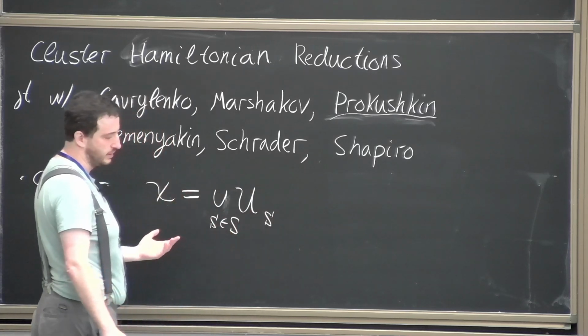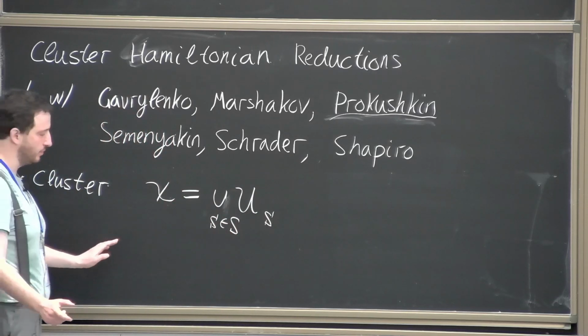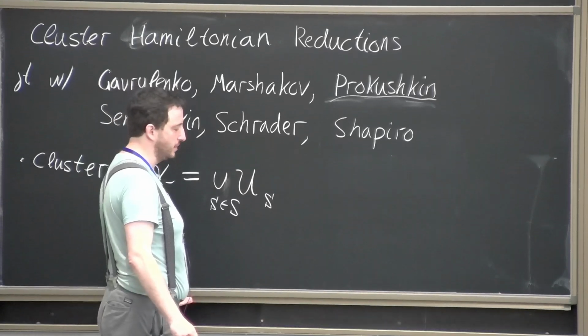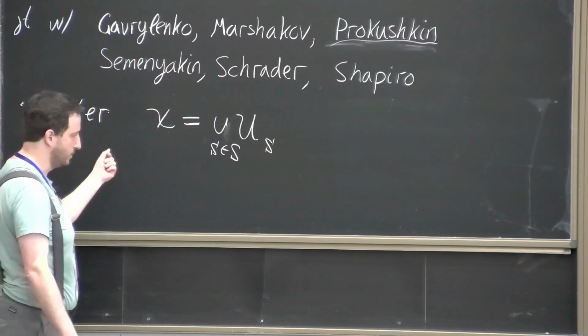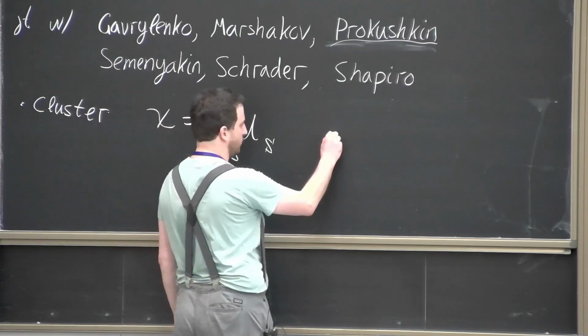So charts are labeled by some combinatorial object that is called a seed, and perhaps I sometimes also use this name. And now let us list some properties.